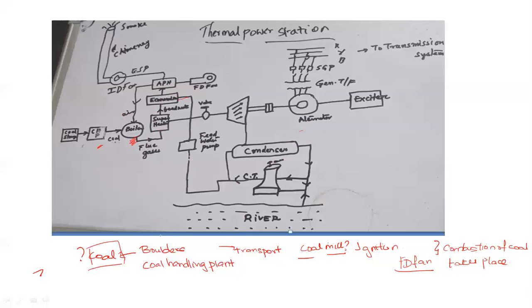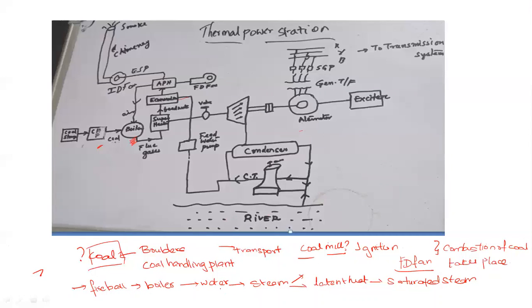When the fireball is formed in the middle of the boiler, the heat is transferred to the water flowing in the water wall tubes and turns into steam: boiling steam, latent heat, then saturated steam and superheated steam. This is the combination of coal plant and the boiler.